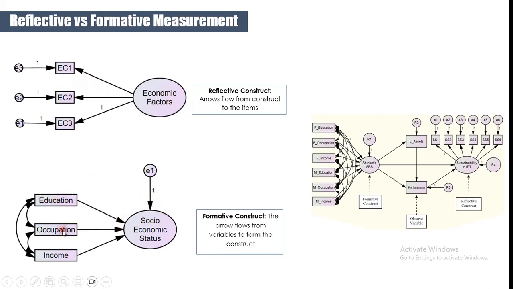Here you can see education, occupation, and income. They are different things. Education is different from occupation. Occupation is different from income. That's why they are actually forming the concept. That's why it is called the formative construct, with arrows drawn from the measured variables to the construct. And here is one model that has both reflective as well as formative constructs.